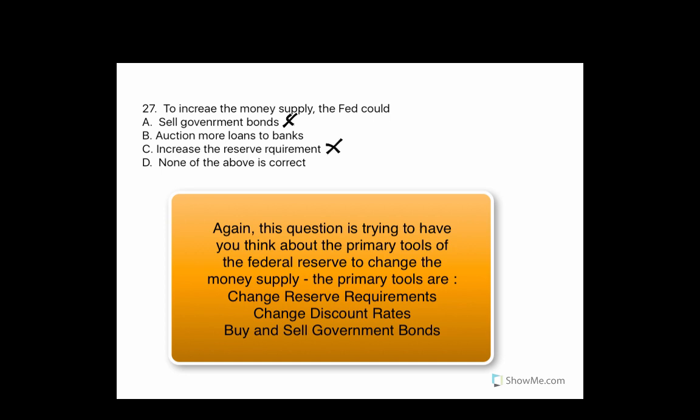And so the answer is to auction more loans to banks, right? If the Federal Reserve starts giving out more loans to banks, the banks have more money to lend, and that process of lending and borrowing, spending, and then someone else saving it again will repeat more often, so you'll increase the money supply.